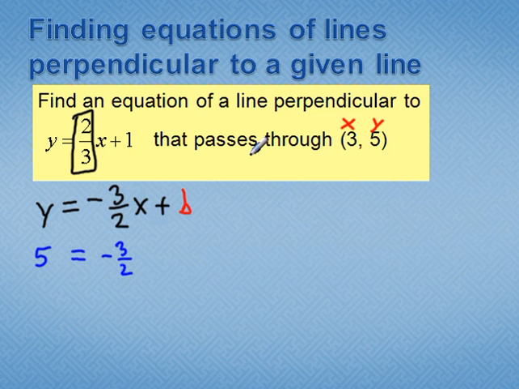And for the x value, the x value is 3, so we'll put in 3 for x. And then still plus b. b is still not known. Then from here, to multiply fractions from the first video, straight across, -3 times 3 is -9. 2 times 1 is 2, so we got -9/2. Everything else stays the same.